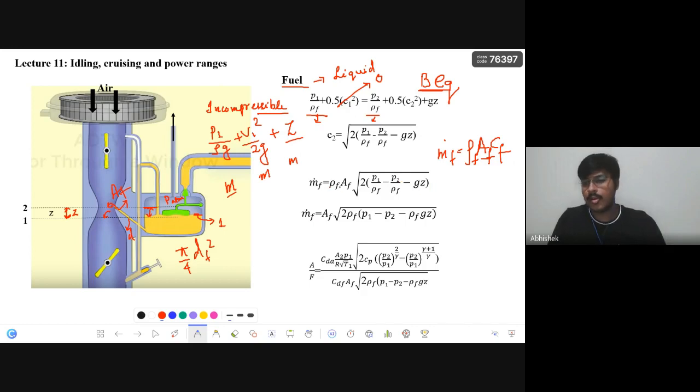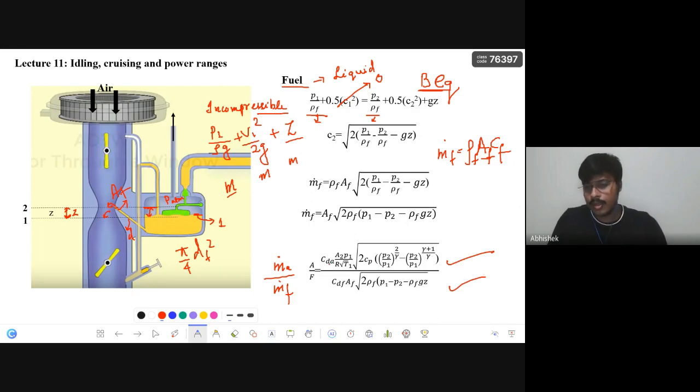Again, this rho f will go inside, the denominator will get cancelled, one rho f will stay outside and another rho f will be multiplied here. I hope this is very easy, just normal algebra. Then we calculate the air-fuel ratio, mass flow rate of the air by mass flow rate of fuel. So this is how the formula has come.